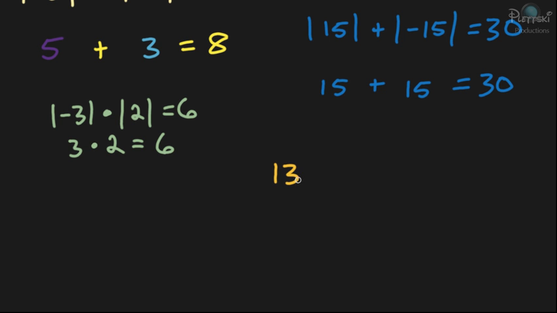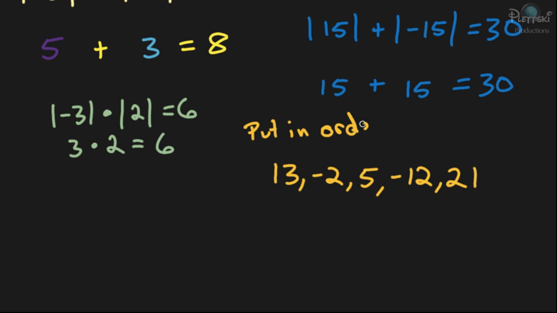So let's put these in order: 13, -2, 5, -12, and 21. And we want to put them in order from least to greatest.